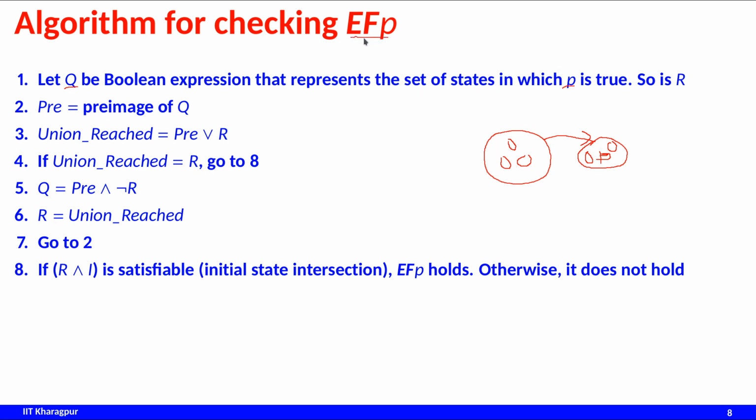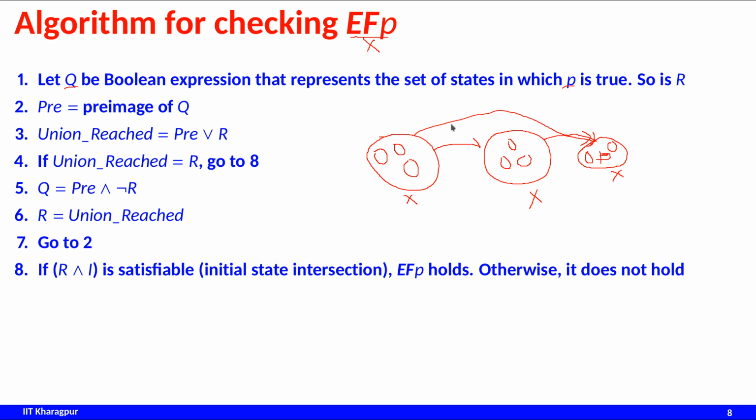Let me call this X. So if P is true, then I can say EFP is true here, and if I can reach this state from the set of states here, then EFP is true also here. Similarly, if we can reach any one of these states, then I will also say that EFP is true here.